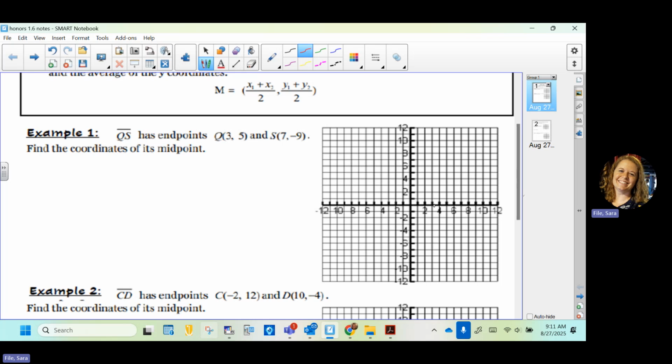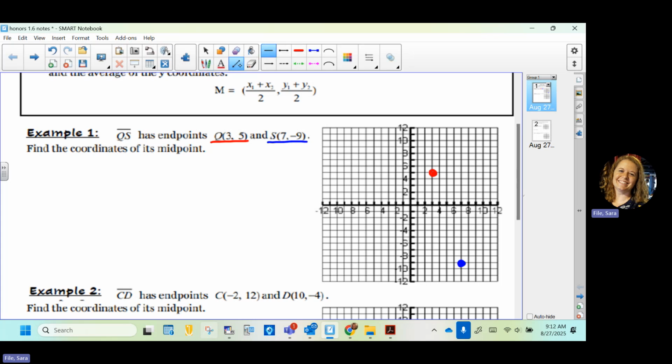So 3, 5 is point Q. And then S is at 7, -9. So we're going to plot a point at 7, -9. And we're going to find the coordinates of the midpoint.